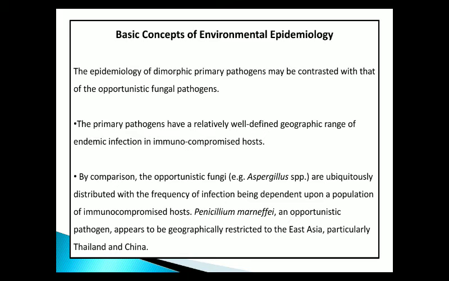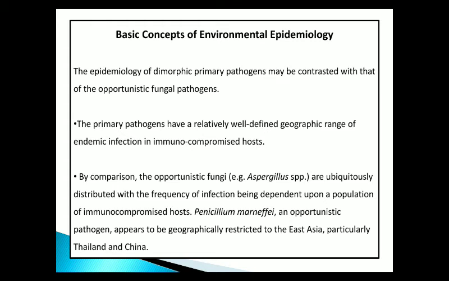The primary pathogens have a relatively well defined geographic range of endemic infection in immunocompromised hosts. By comparison, opportunistic fungi like Aspergillus species are ubiquitously distributed, with the frequency of infection depending upon the population of immunocompromised hosts. Penicillium marneffei is an opportunistic pathogen that appears to be geographically restricted to East Asia, particularly Thailand and China.